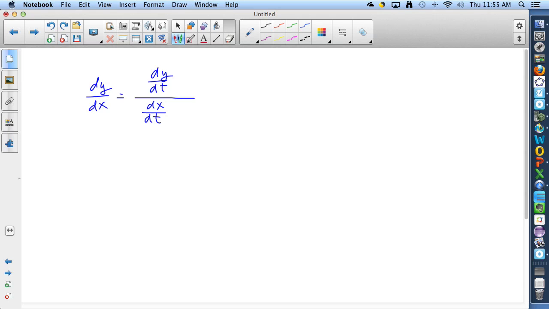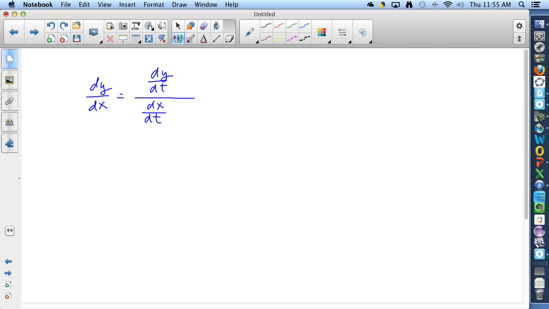If you want to know how y and x change with respect to each other, just take those ratios. As a matter of fact, can you almost imagine just dividing the numerator and denominator by dt to get this? Or multiplying by dt over dt to clear fractions and get this? It sort of looks like it should make sense, right? So there it is. That's the derivative of a parametric equation.